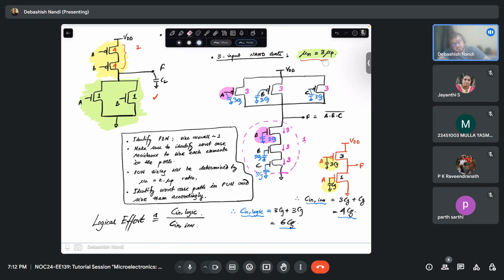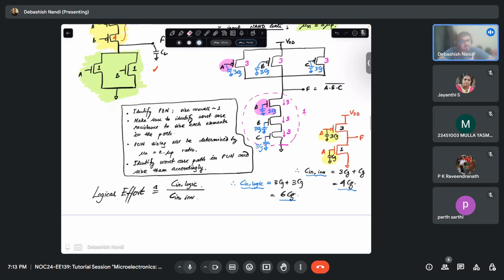Okay, so this mobility ratio is important. So this inverter also has to be designed with the same mobility ratio as that of this logic.